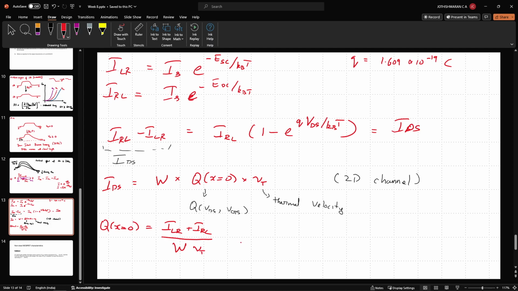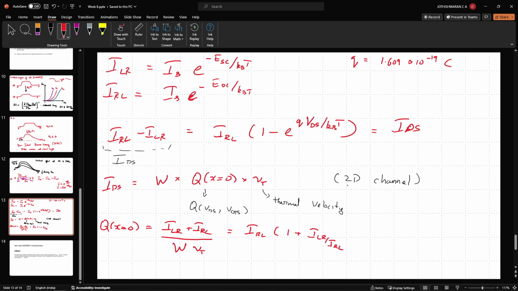Now, we can just take this quantity and substitute it here. So what I'm going to do is write this, again, pulling out IRL to be common. So this is IRL into 1 plus ILR by IRL.